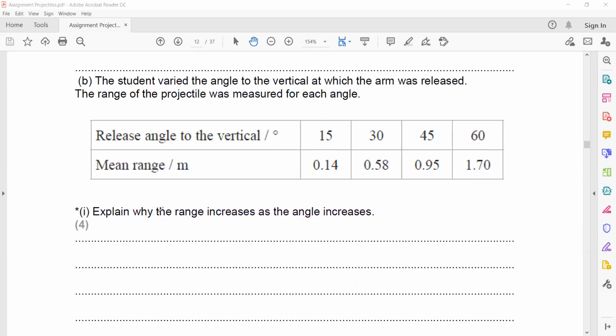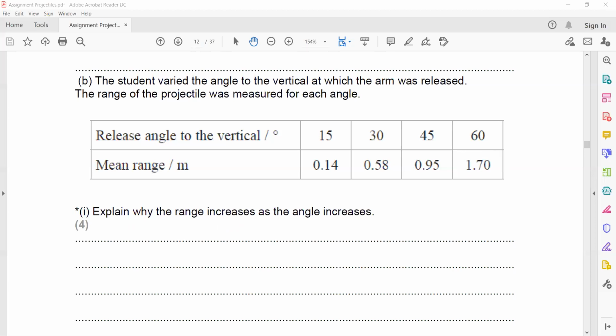So basically what happened, explain why the range increases as the angle increases. As we are increasing the angle, we are storing a greater amount of energy. When the angle from vertical is greater, it means greater internal energy or elastic strain energy. So when we release, a greater amount of kinetic energy will be there, and the projectile will have a higher initial speed or launching speed.